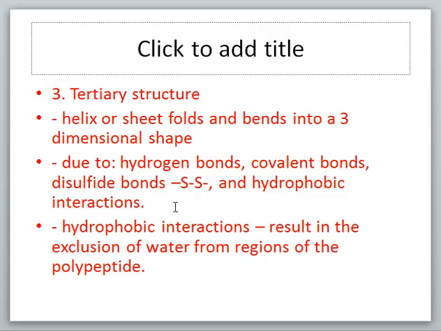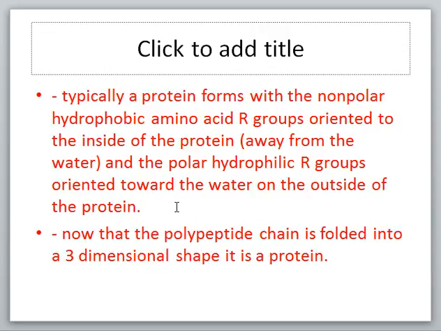Okay, now we've got a fourth level of structure. Well, hang on. Typically, a protein is going to form with the nonpolar hydrophobic amino acid R groups oriented to the inside of the protein. That is, they are pushed away from the water, and then the polar hydrophilic R groups are going to be attracted to the water, and they'll be oriented towards the outside of the protein.